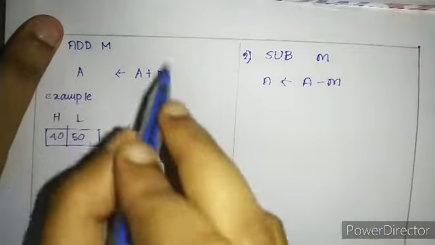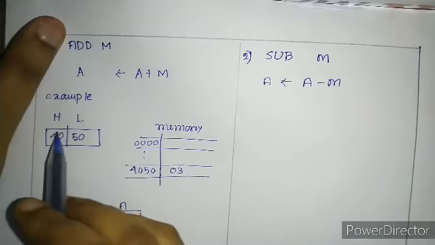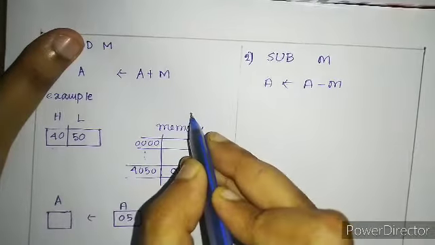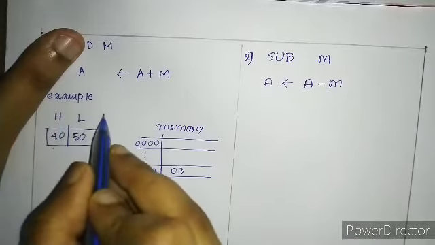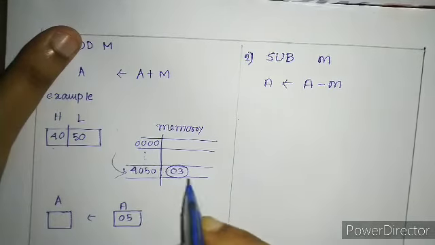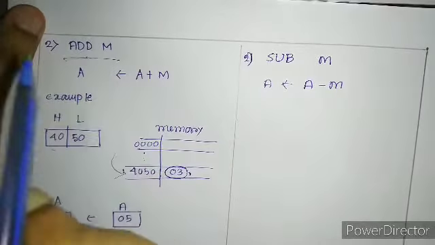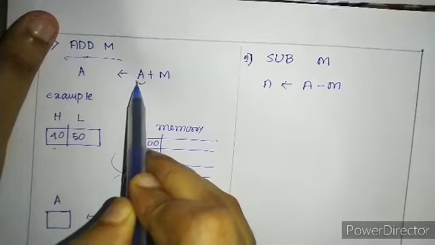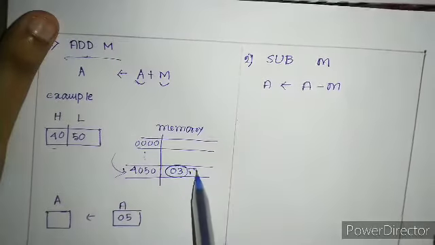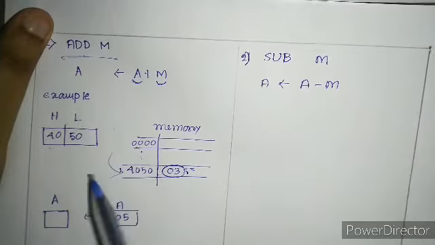So whenever you see an M, first go to the HL pair. Suppose in the HL pair there is 4050. Go to memory location 4050 and you will find the data there. Now the instruction ADD M means the value in the accumulator plus the value in that location will get added and the result will be stored in the accumulator.